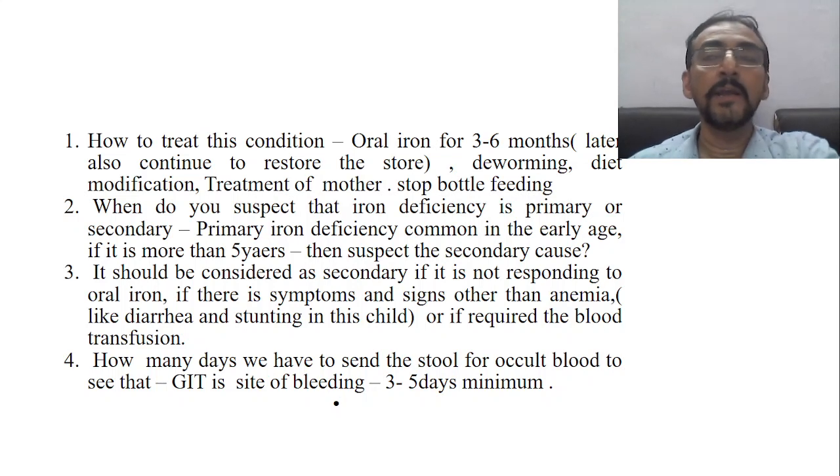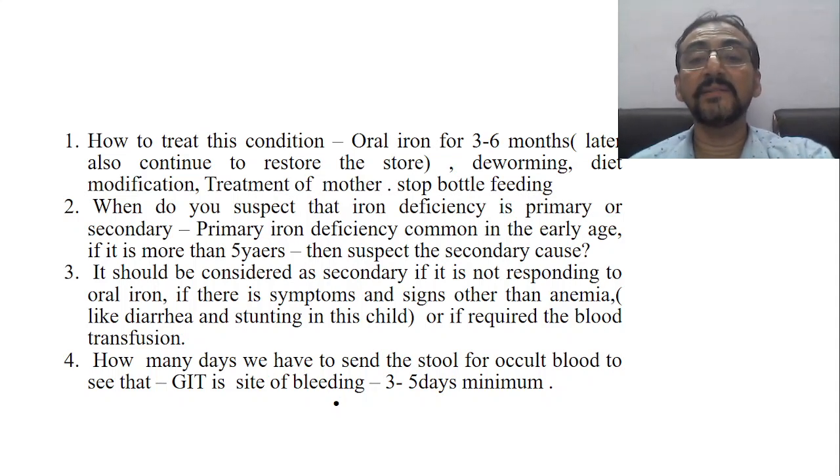And if there is symptoms and signs other than anemia like diarrhea or stunting as happening in this child, then there is also requirement of the blood transfusion. If you see the HB in this case it's 4.4, it may require even the blood transfusion to give some immediate effect.